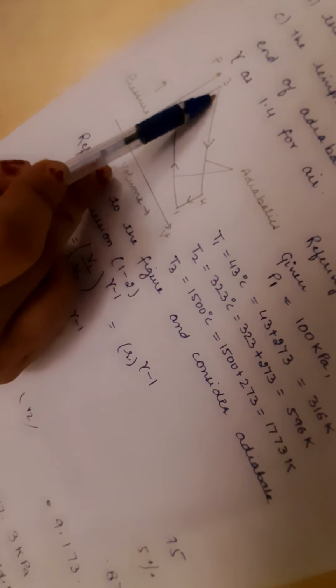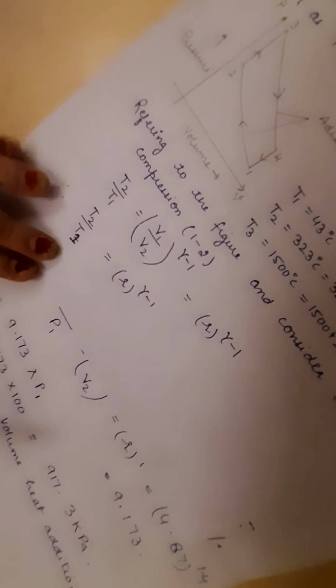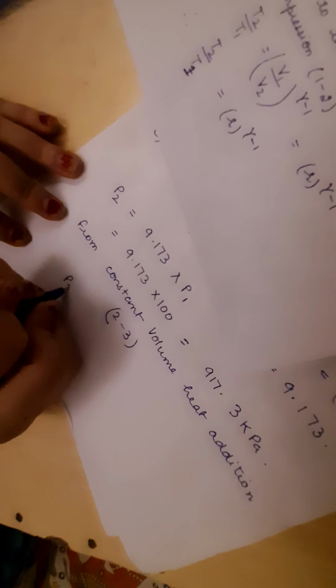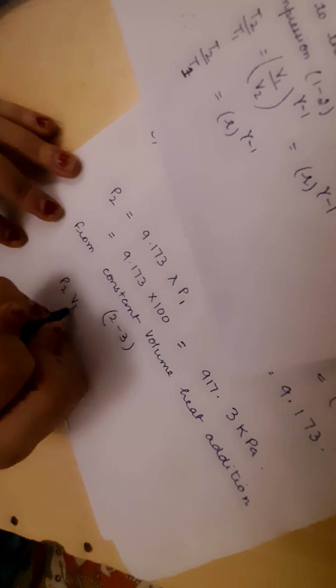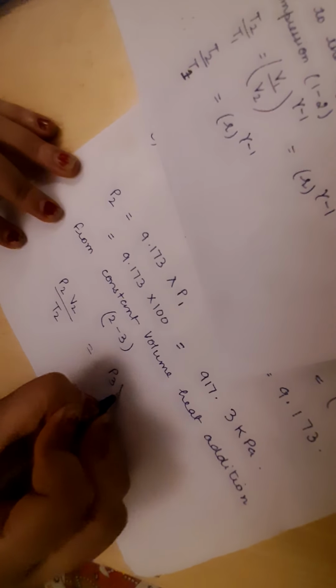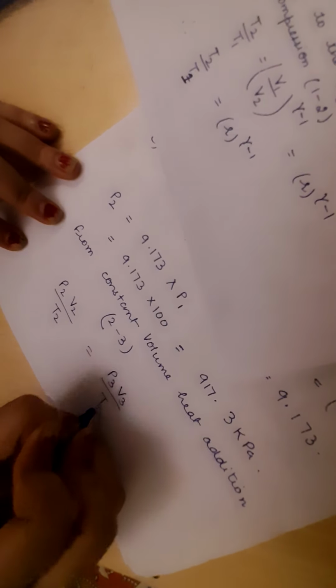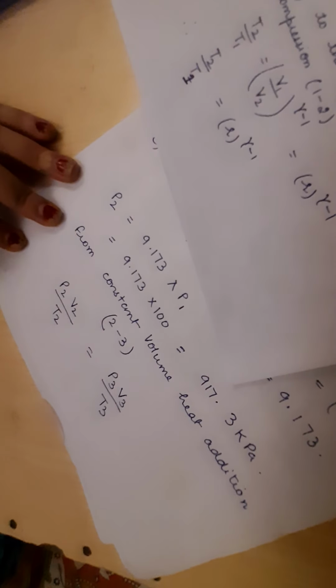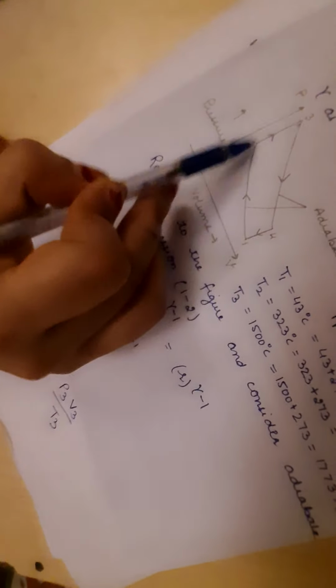So this equation will go something like this: P2 V2 upon T2 is equal to P3 V3 upon T3. Okay, hence as V2 is equal to V3, you see in the diagram, V2 and V3 are the same.